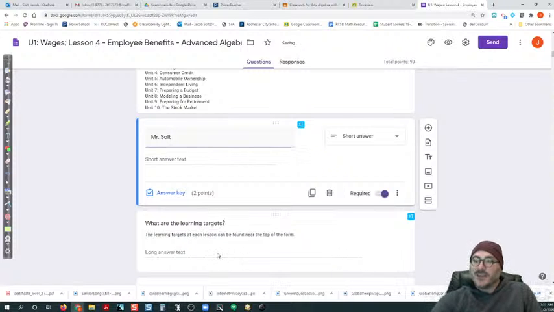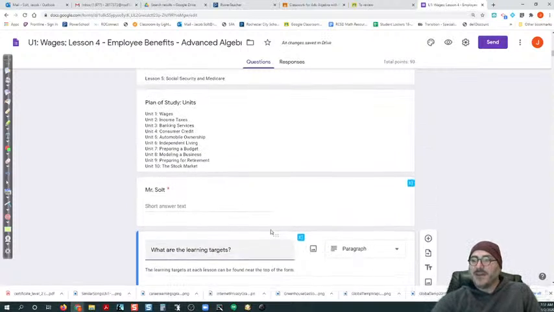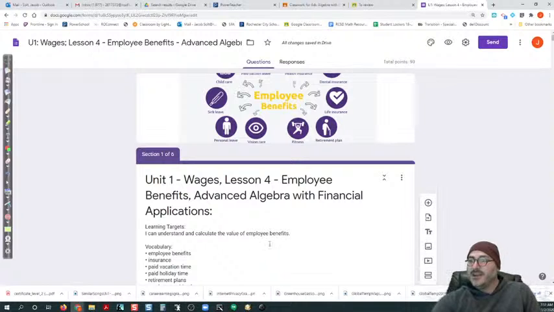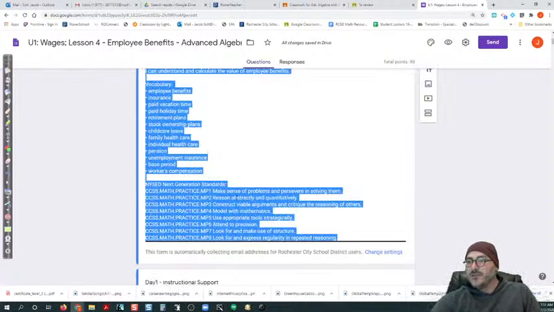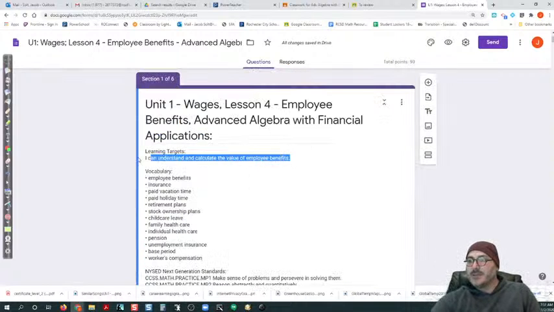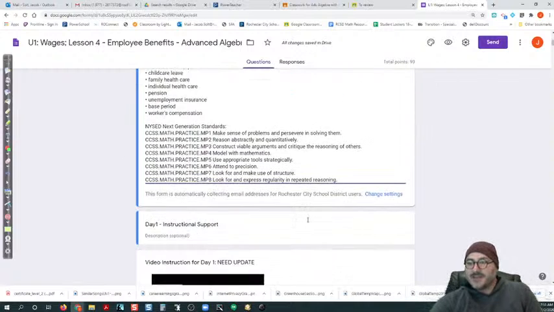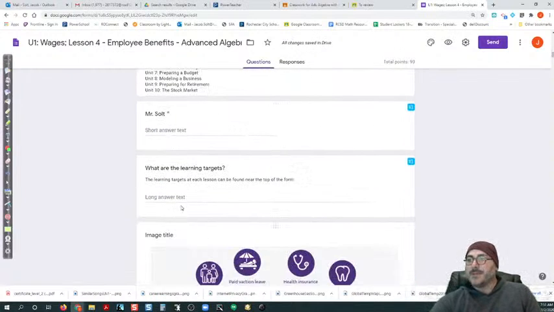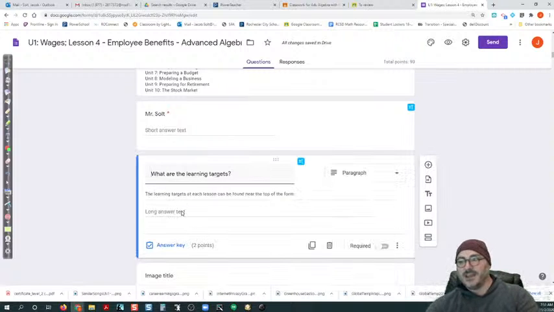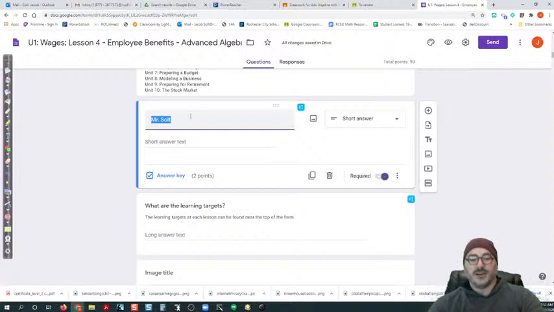What's the learning target? The learning targets can be found near the top of the lesson. So you go over here and do a little copy and paste, right? Whoop, didn't want all that. I'm going to copy this, Control C, and I'm going to paste this, Control V, right in. Oh golly, I've messed up a bit.